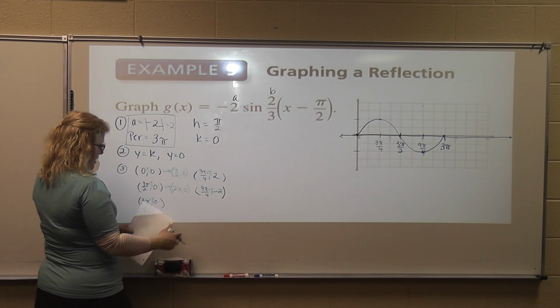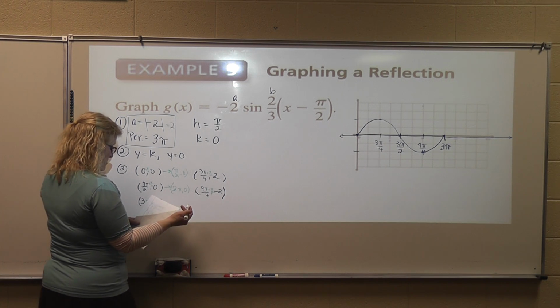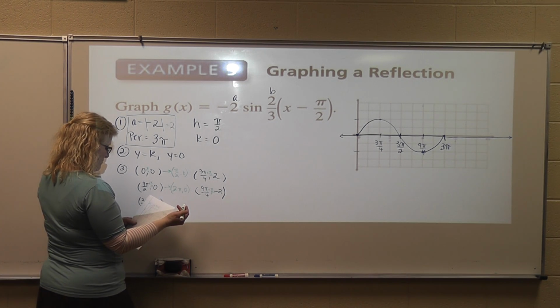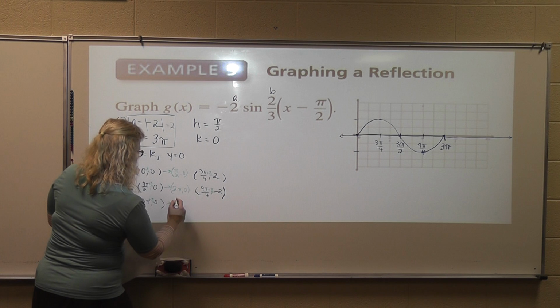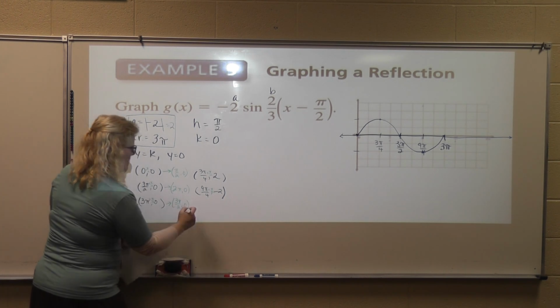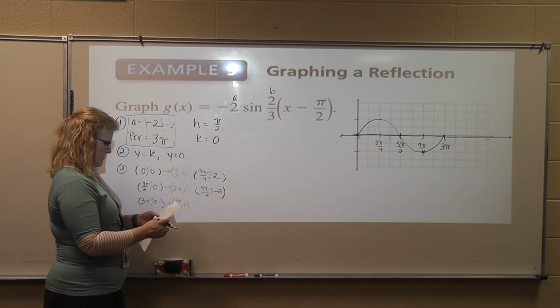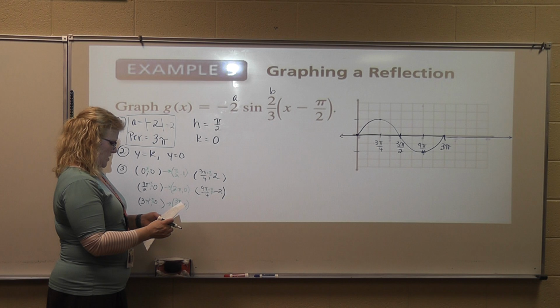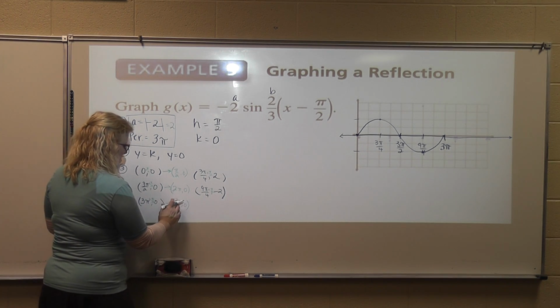Then 3 pi plus 1/2 a pi is, oh no, excuse me, that's going to be 7.